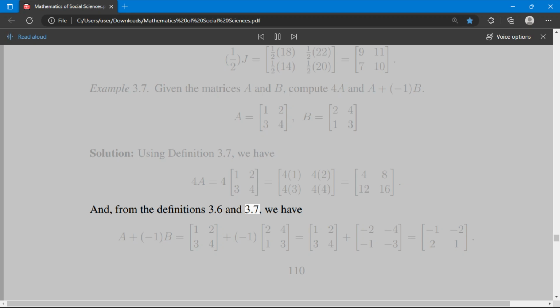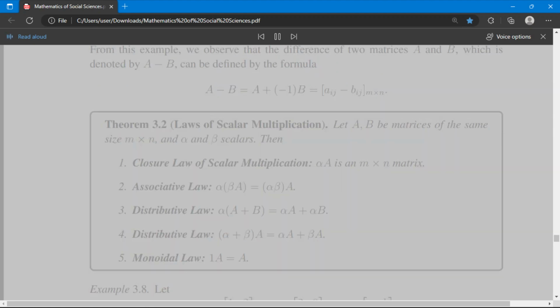And, from Definitions 3.6 and 3.7, we have A plus (-1)B equals [1 2; 3 4] plus (-1)[2 4; 1 3] equals [1 2; 3 4] plus [-2 -4; -1 -3] equals [-1 -2; 2 1].